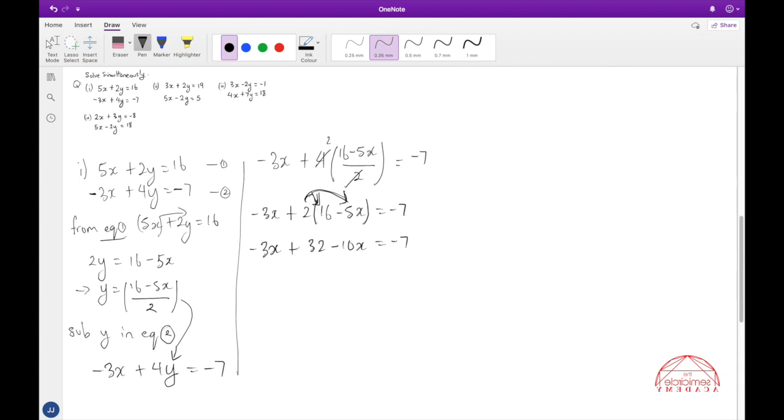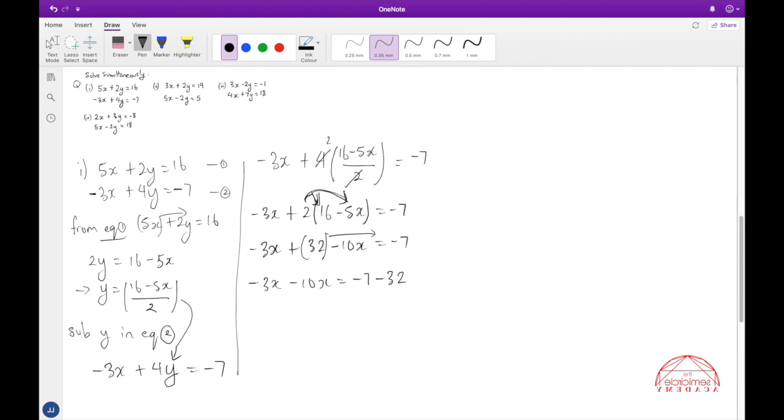So because we have minus 7 there, let's take this 32 and throw it across there. So now we have negative 3x minus 10x is equal to minus 7 minus 32.